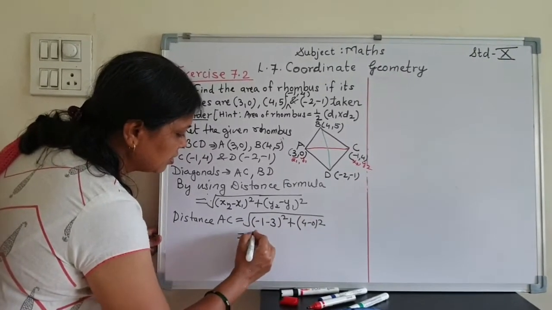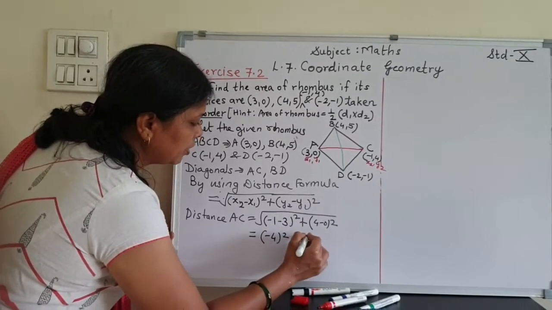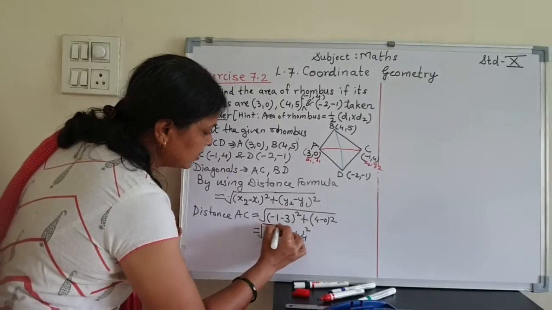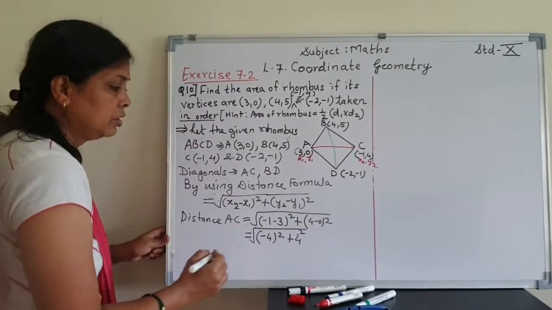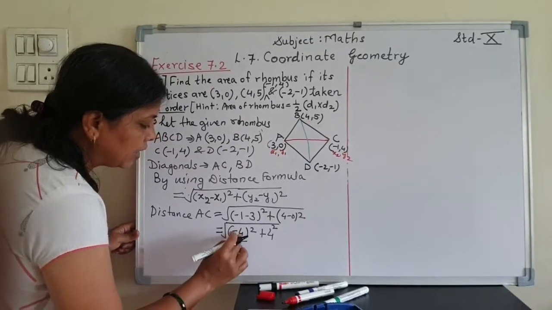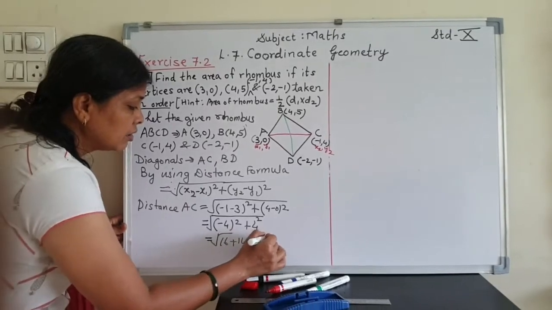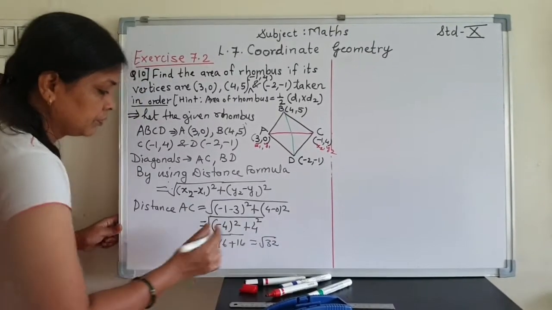So that gives us minus 4 whole bracket square plus 4 square, under the square root. 16 plus 16 gives us square root 32.